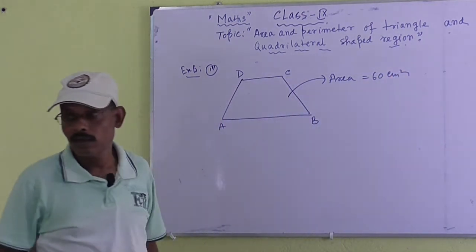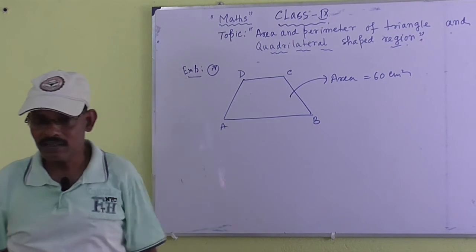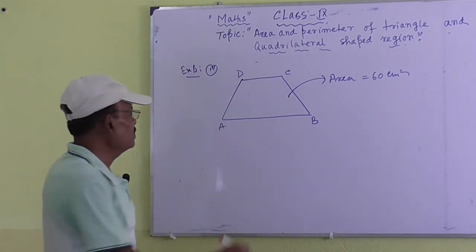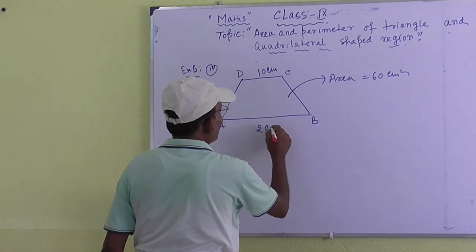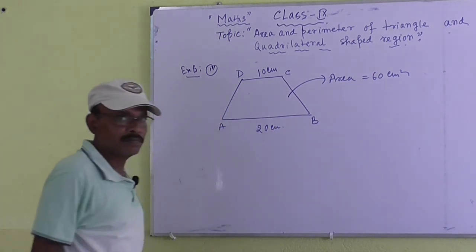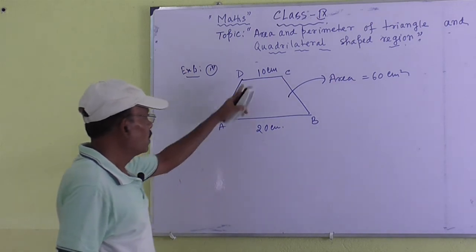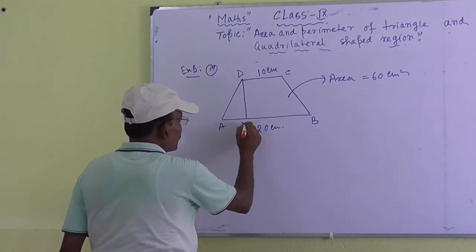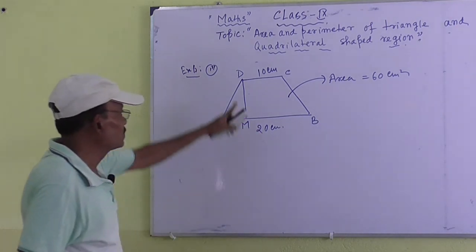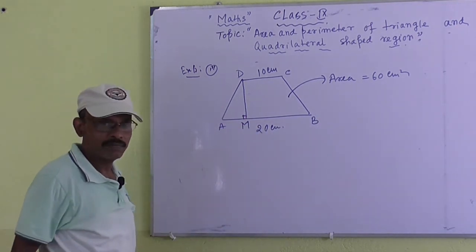And it is given that BC is 10 and this is 20. To find the length of DM, which is perpendicular from D on AB.